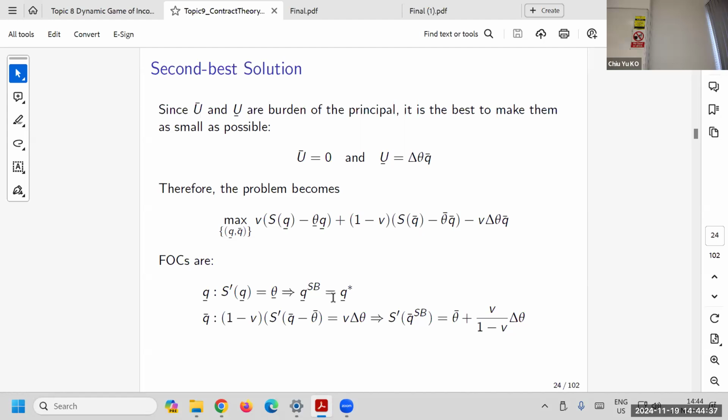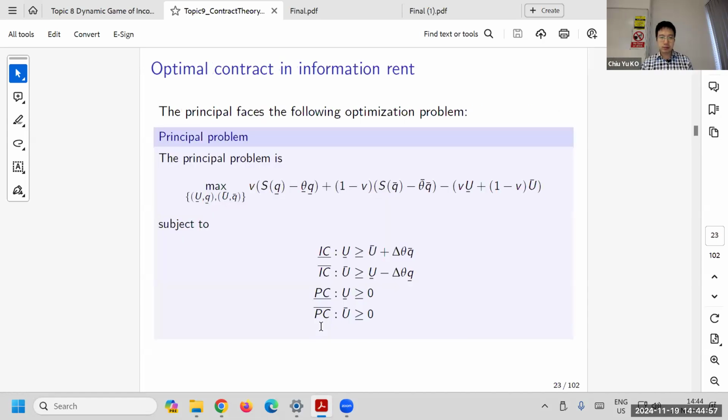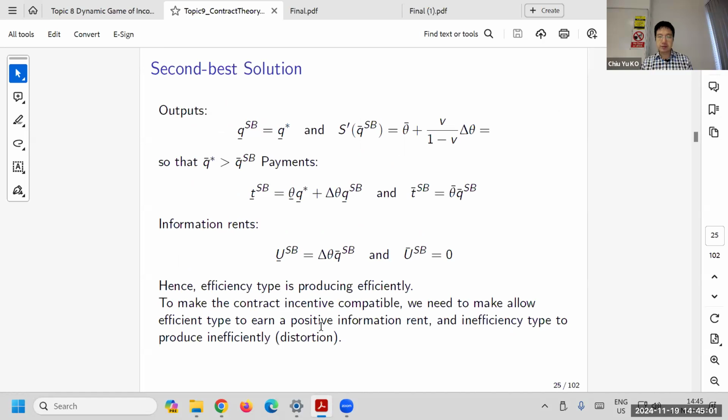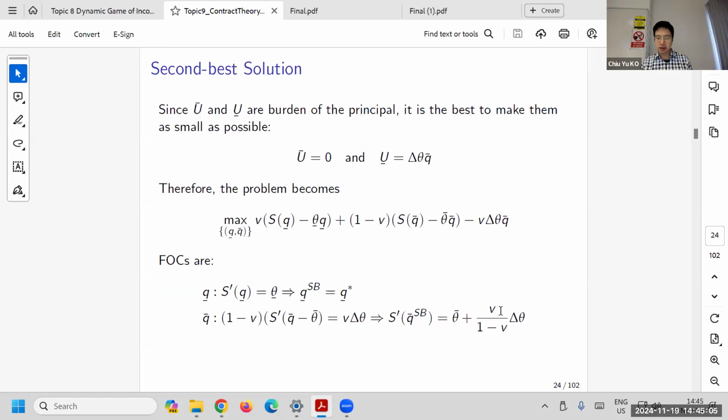It's supposed to be here, but you add something there, right? And how much you add is this delta theta. Why is that the case? It is because later we will define this, called information rent. Okay, let's see.